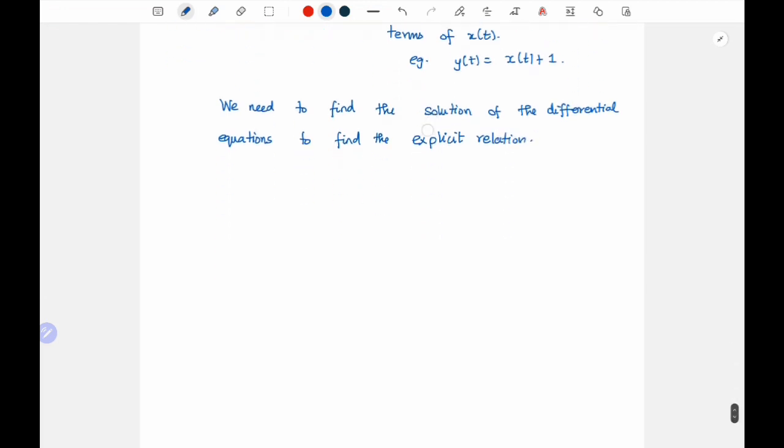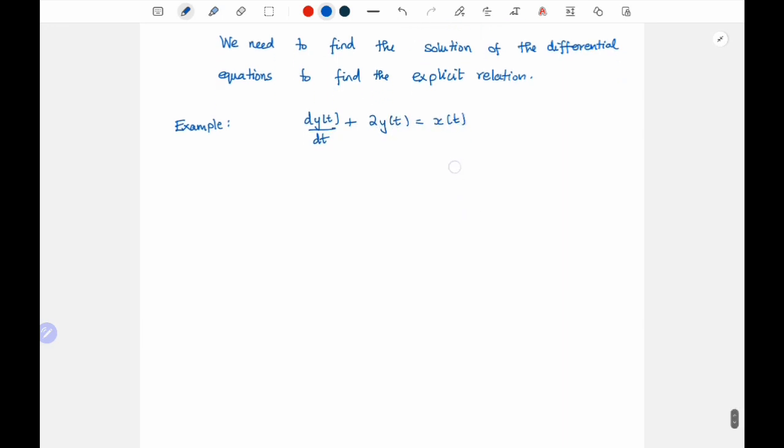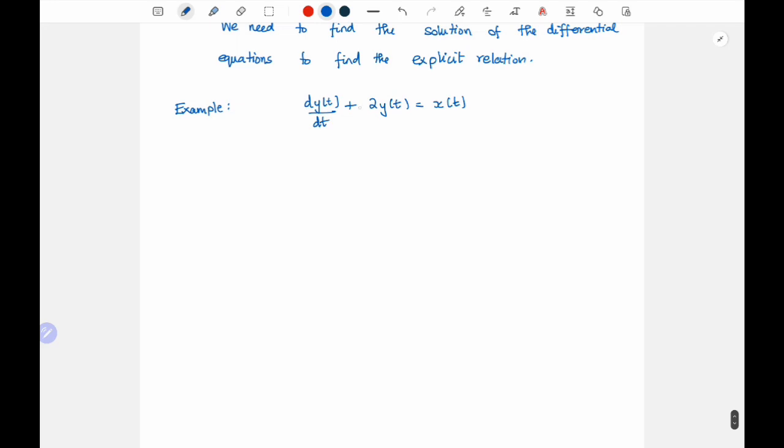Okay, so we'll just go ahead and see an example. So we'll consider the differential equation dy of t by dt plus 2y of t is equal to x of t. So in general, the differential equation will have two solutions.